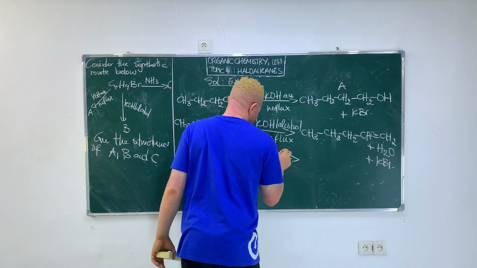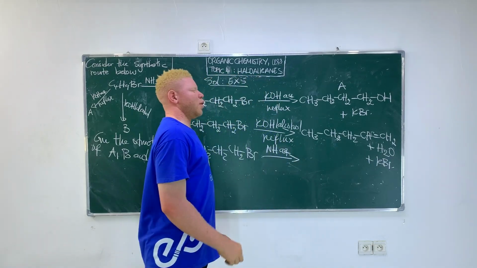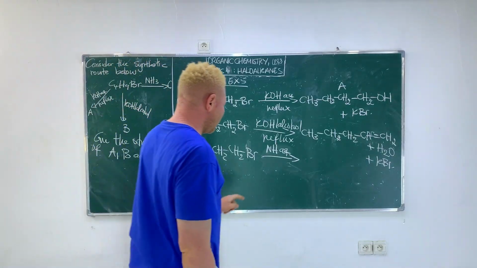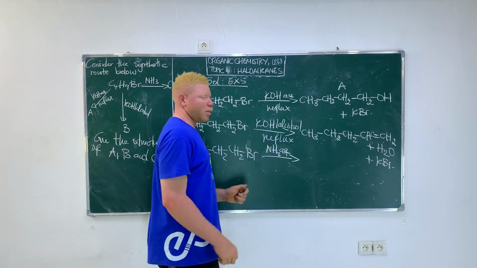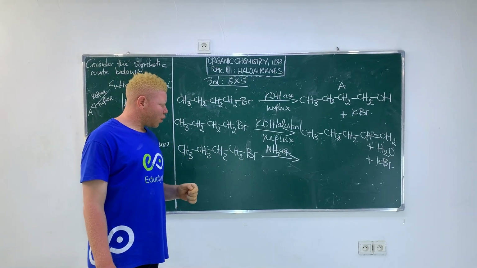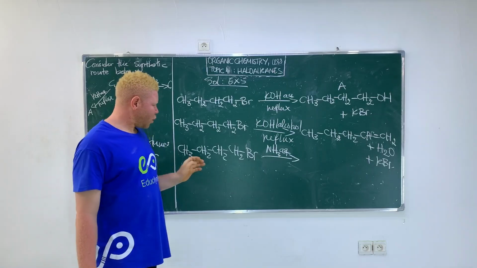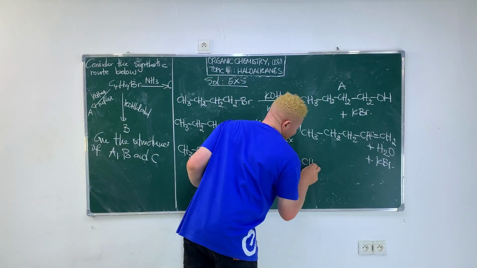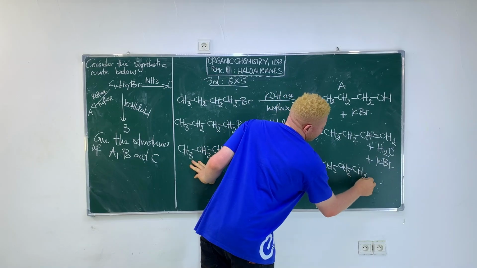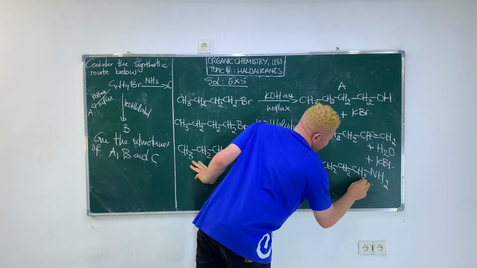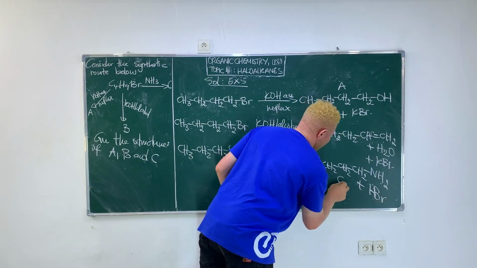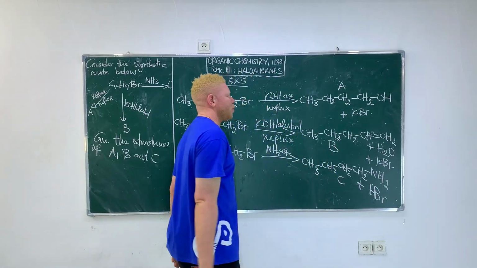Plus aqueous ammonia in excess. So when you put aqueous ammonia, the ammonia has 3 hydrogen atoms. One of the hydrogen atoms takes bromine to form HBr. What is left now is an NH2 group. So we're left with CH3CH2CH2CH2NH2 plus HBr. The OH comes from A, the alkene comes from B, and the amine from C.